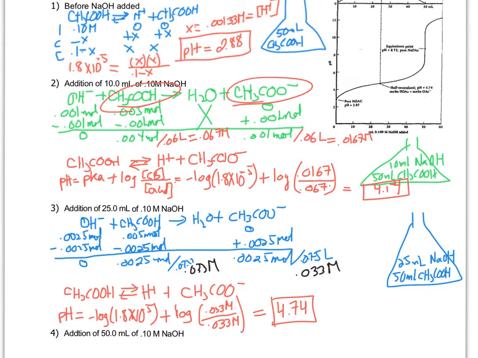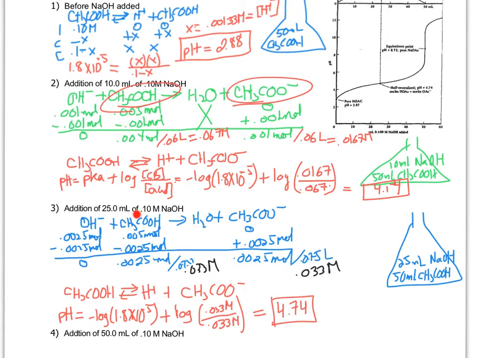When the pH is equal to the pKa, that means that this is half neutralized, because my conjugate base and my acid are equal in concentrations. That's going to happen when I have half of my amount of acid used up.